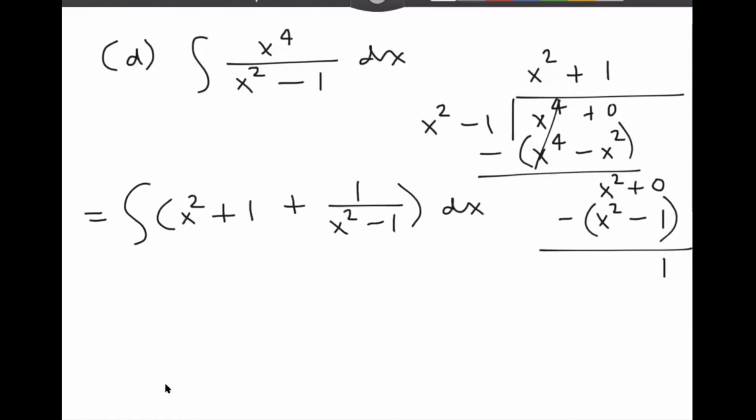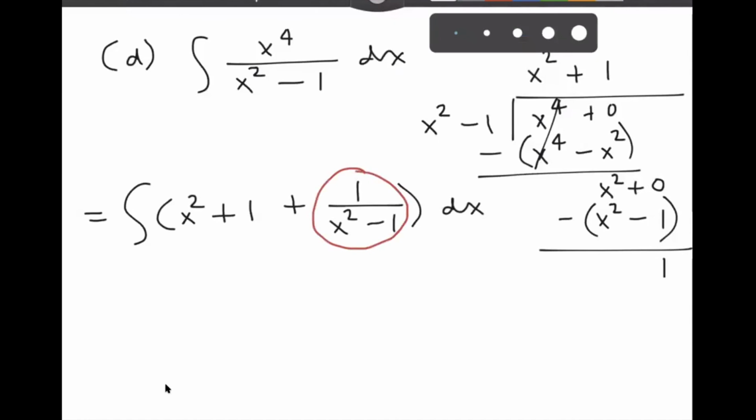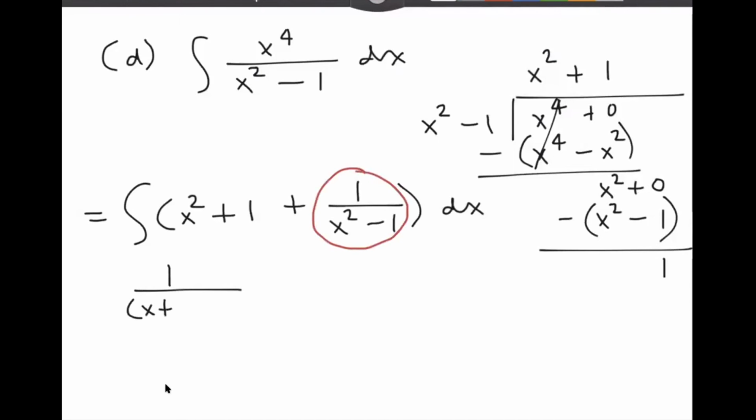Okay, so now I need to concentrate on this, and we need to break that up using the method of partial fractions. And of course, x squared minus 1 factors into x plus 1, x minus 1, which are distinct linear factors. So we're going to go a over x plus 1 plus b over x minus 1.